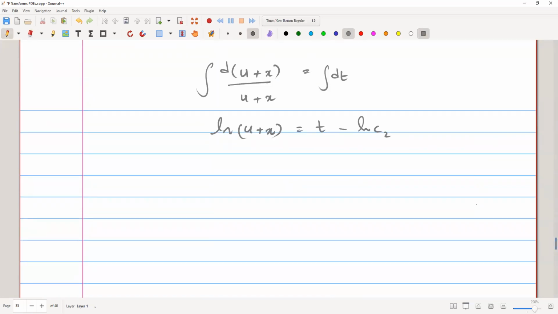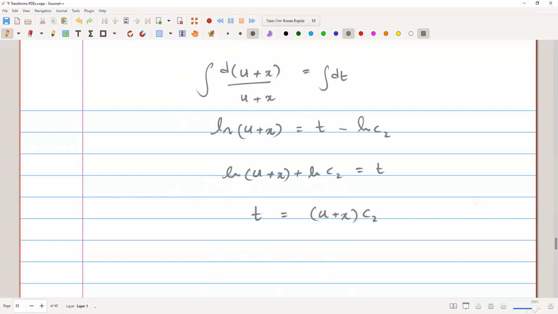So it will be ln of u plus x plus ln c2 equals t, and this gives that t equals ln of u plus x times c2.